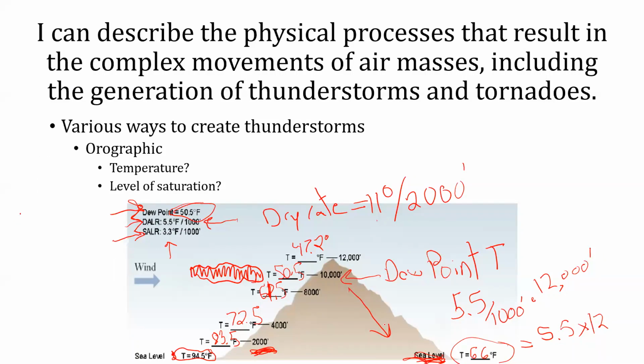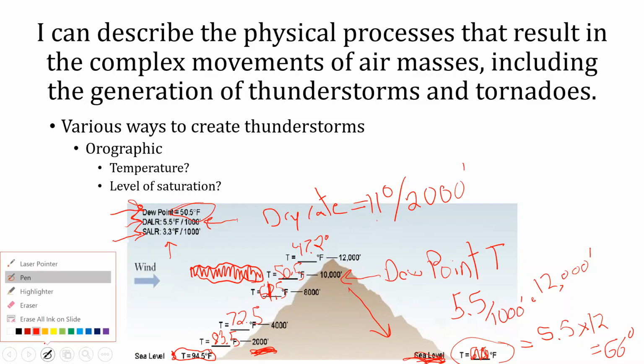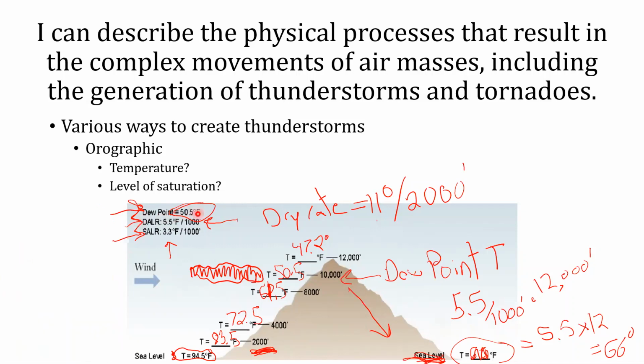So going down this side of the mountain, and I'll replace this with the right number, you need to figure out the change. So this is equal to 66 degrees change. So the change in temperature as you do this drop, I went back to my dry adiabatic lapse rate, and I looked at how many thousands of feet I have to change.